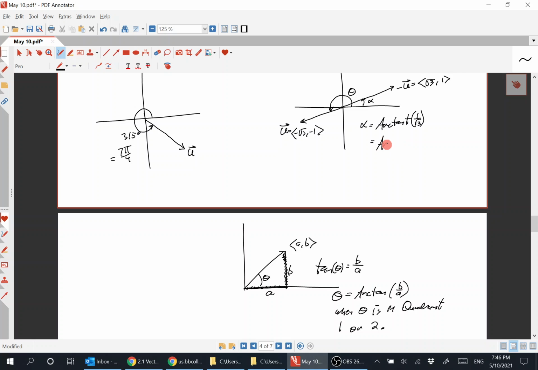But you can also write this as 1/2 over root 3 over 2. Right, and what angle does that? Right, the sine over cosine. The y coordinate is the sine, the x coordinate is the cosine.